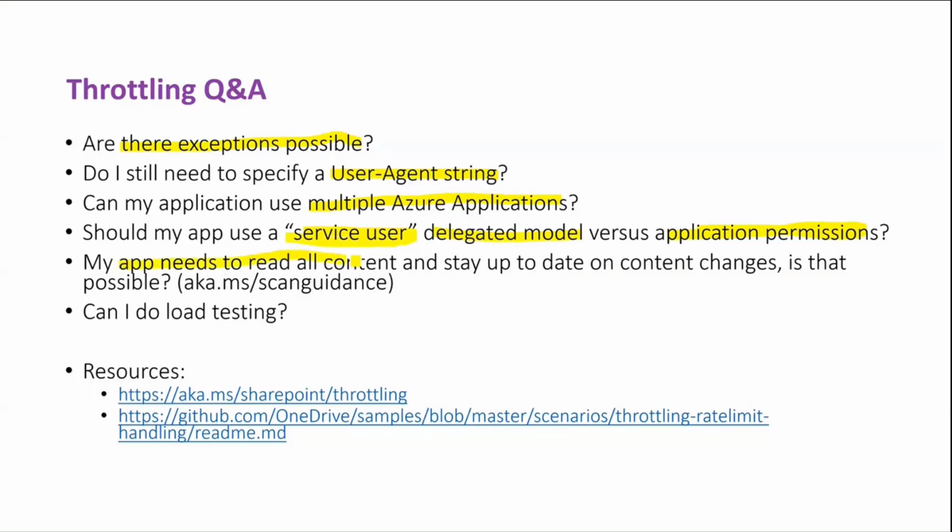My app needs to read all content and stay up to date. So I have an application that needs to monitor all files in all libraries across all sites in my tenant. Can I do that? Yes, that's possible. We have a concept called scan guidance, which explains how to do that.